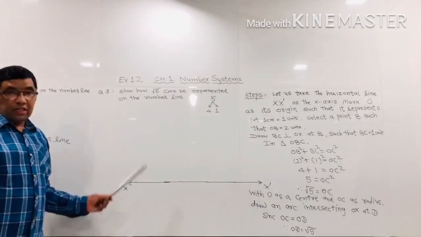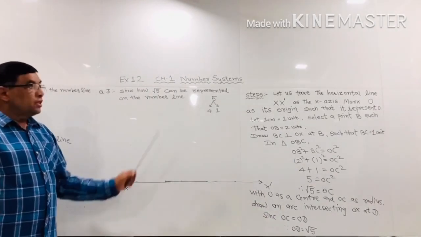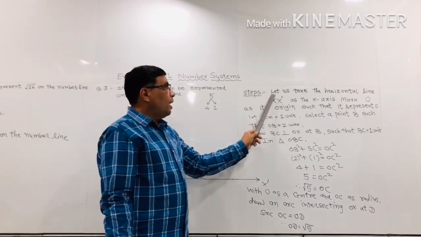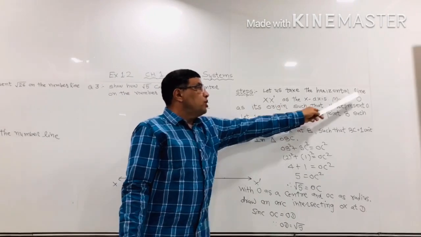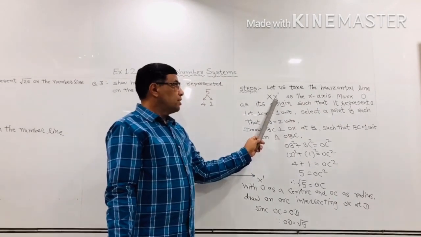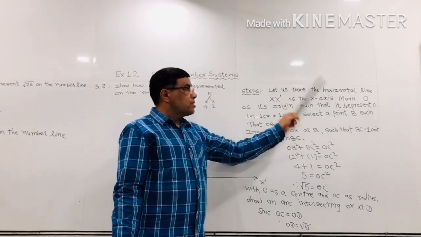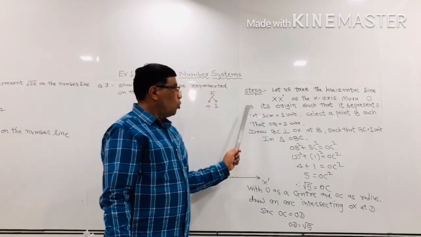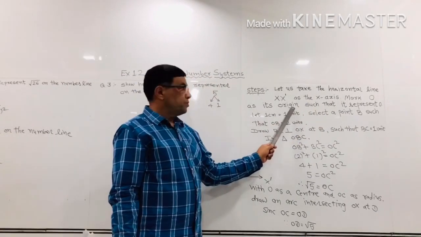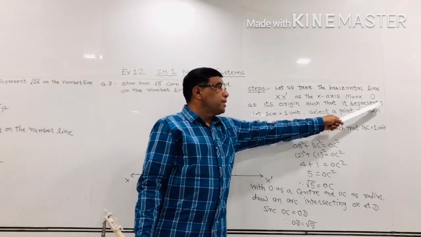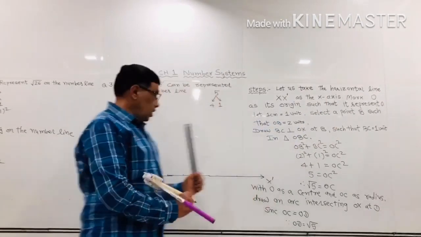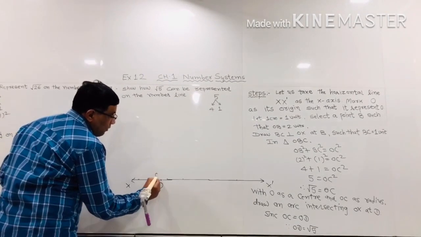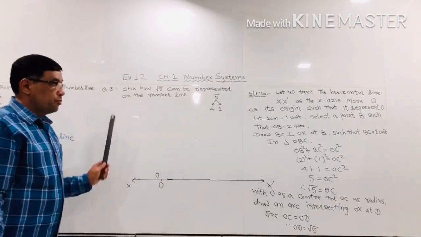So our first step, see here, is to take the horizontal line X dash as the x axis. Now on this line we mark O as its origin such that it represents 0. So here we mark O and its value is 0.